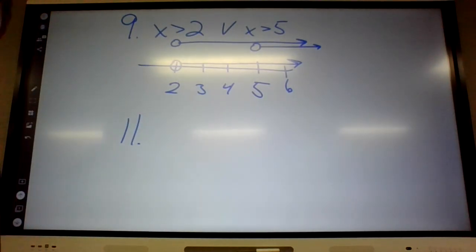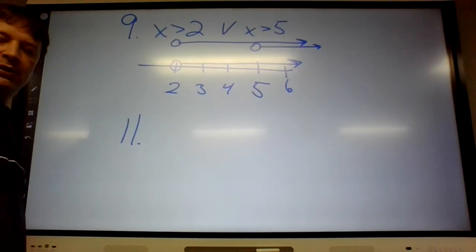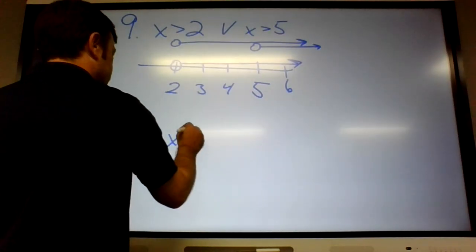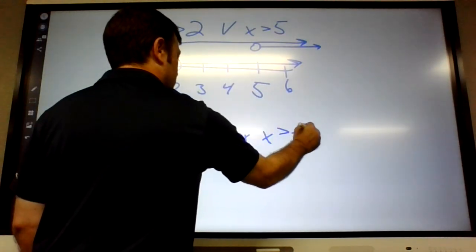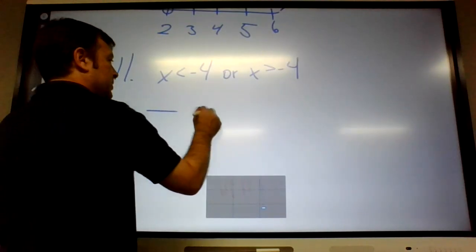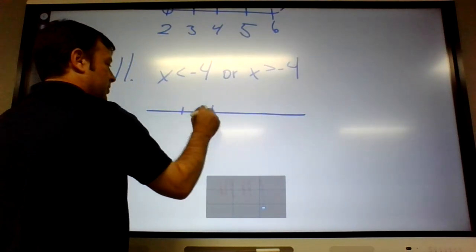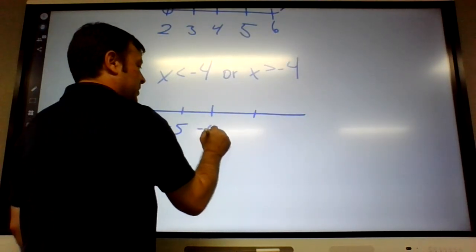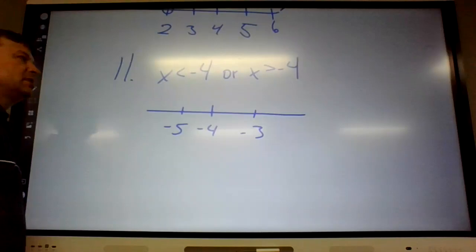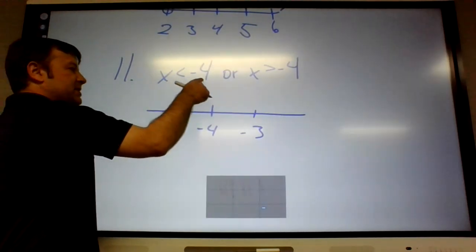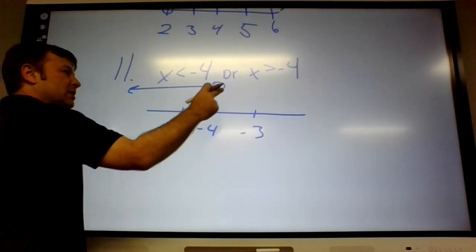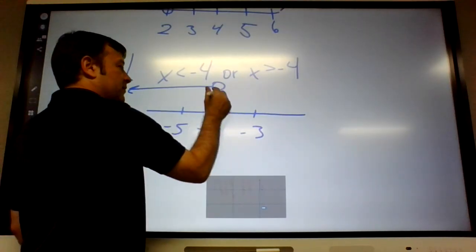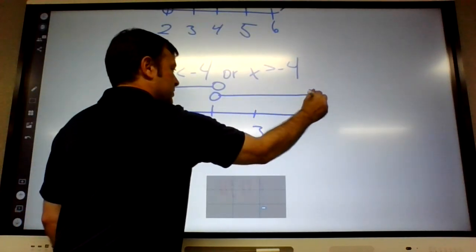11, x is less than -4 or x is greater than -4. Okay, so on this one, they only give us one number, -4. So x is less than -4 would be all the numbers less than -4, or x is greater than -4, all these numbers.